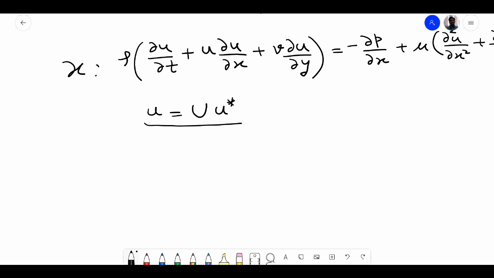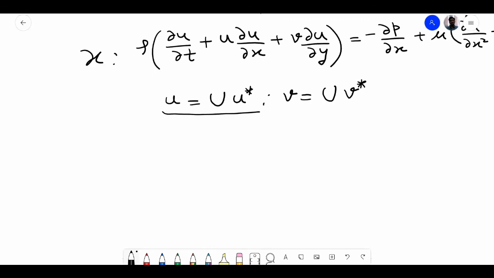Now similarly, for small v in the vertical direction, you may define the characteristic velocity as something else, or we can have the same scale. So for this example, we will take the same velocity scale in the vertical direction as well and define a new dimensionless velocity, v star. Similarly, for all the other variables, we will do the same thing.